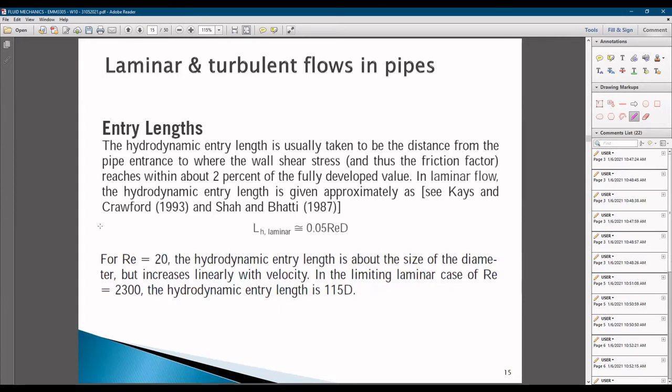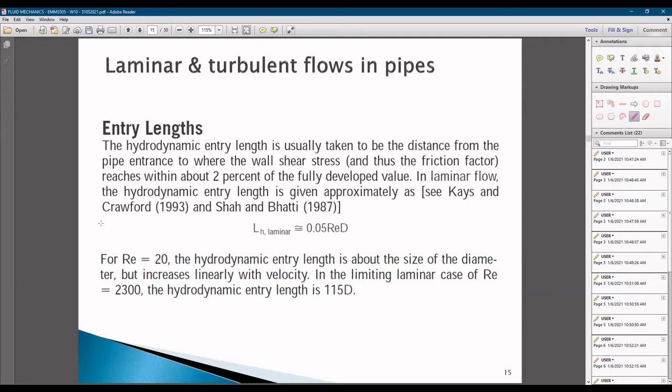Okay, we want to speak about the entry length. What does it mean? The hydrodynamic entry length is usually taken to be the distance from the pipe entrance to where the wall shear stress reaches within about 2% of the fully developed value.